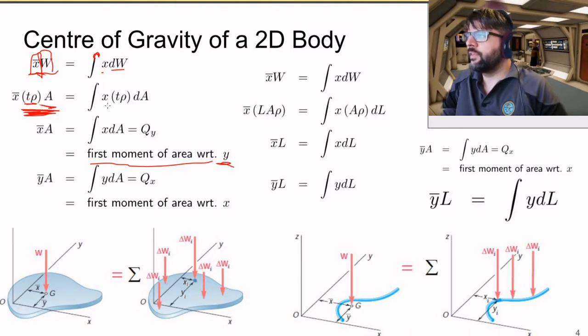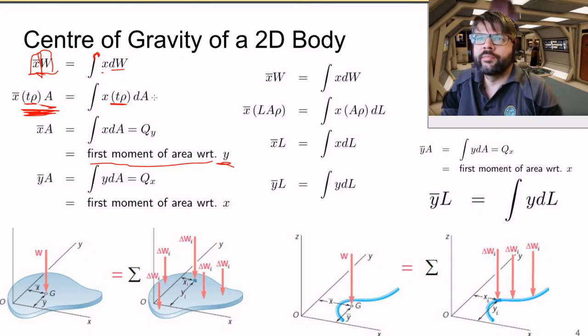We can just factor out the thickness and the density portions, because if we're talking about a 2D body, then those don't vary at all. So this becomes a matter of the area, and it becomes a geometric function.